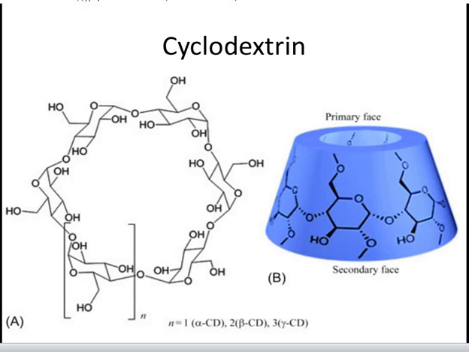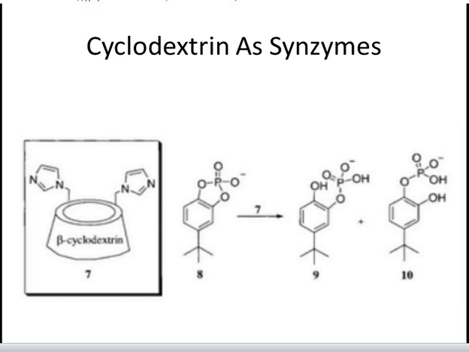Breslow and co-workers chose to mimic the enzyme ribonuclease. This enzyme uses cysteine and histidine as the principal catalytic groups in the hydrolysis of RNA. To mimic this enzyme, two imidazole rings were attached to the primary face of a cyclodextrin as the mimic, as shown in this figure.